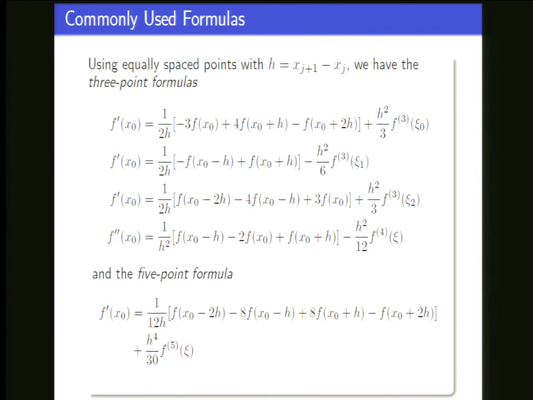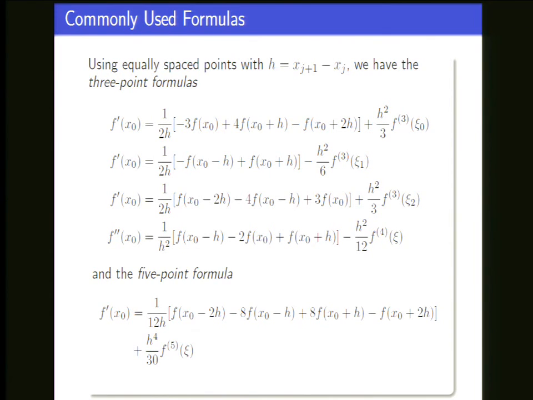I mean, at some point you can just plug in xi's. But if you're going to plug in one xi that I don't know and add it to another xi I don't know, I can just as well use the intermediate value theorem to tell you that there's another xi that I don't know that will be the sum of those two, right? So times 2. It's an ugly trick. But the end result is that your second derivative at x0 is equal to the famous 1, I multiply that by f of x0 minus h, then minus 2 f of x0, plus 1 times the last point.